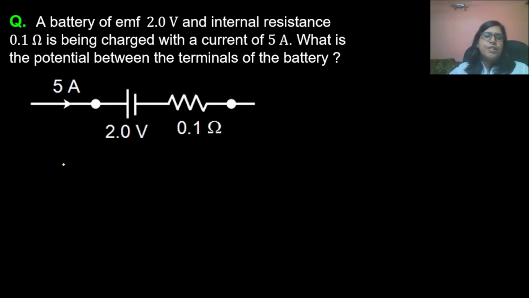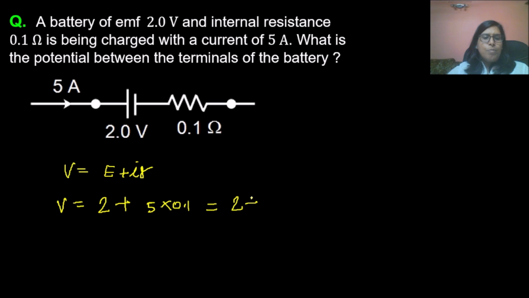So the potential difference will be, as we have seen in the charging condition, E plus Ir. So V equals given E 2 plus I given 5 into 0.1. So it will become 2 plus 0.5, that means 2.5 volt.